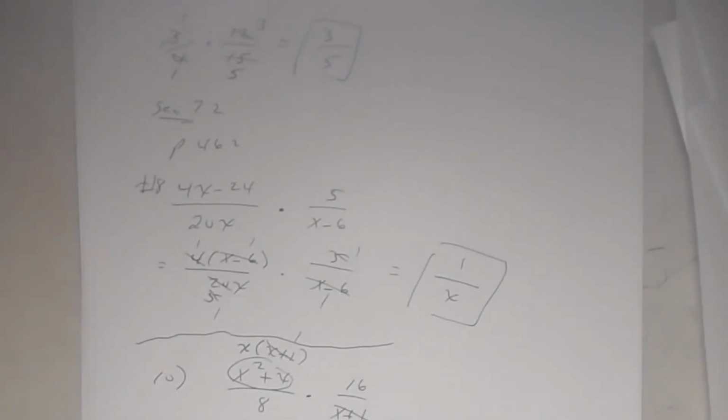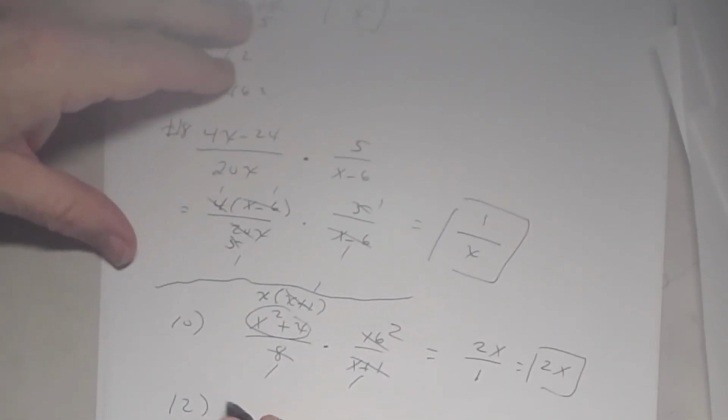What's the next factor you see? Will 16 reduce with any factor in the denominator? Yes. 8 to 8 is 1, 8 to 16 is 2. So what's going to be the numerator? 2x. What's the denominator? 1. But don't leave it like that, because the numerator divided by 1 is just the numerator, 2x.